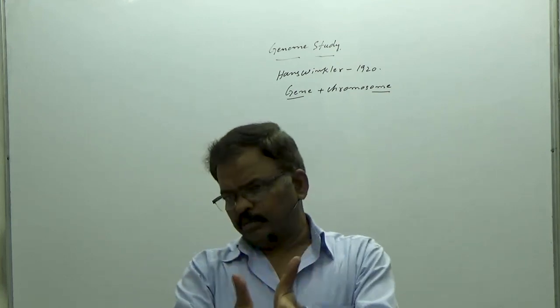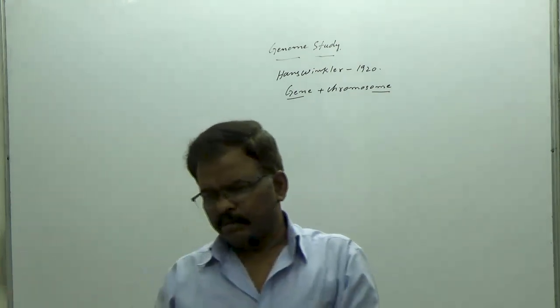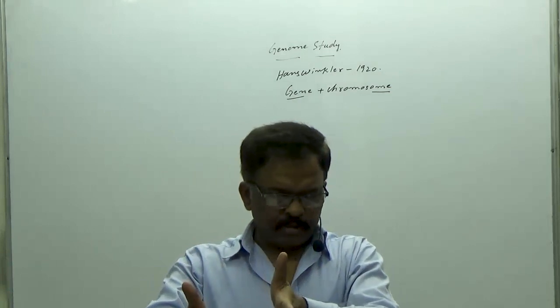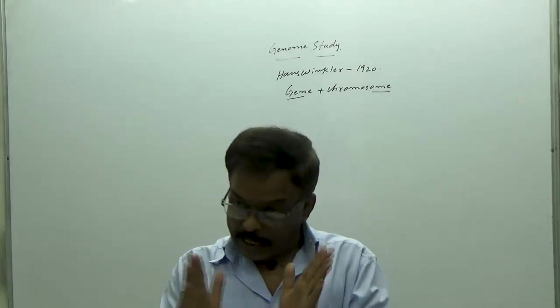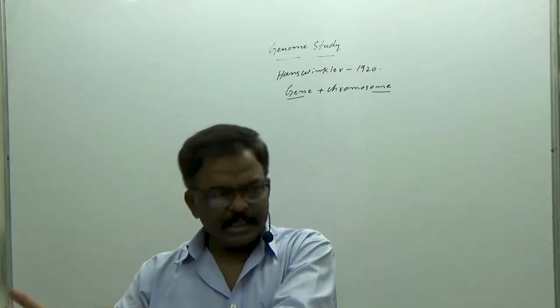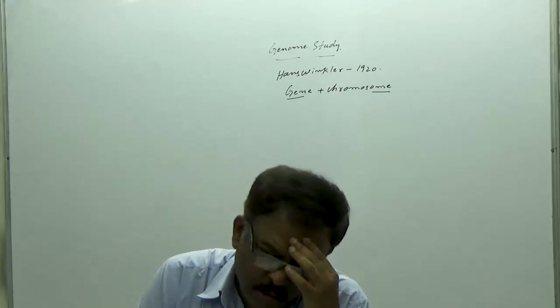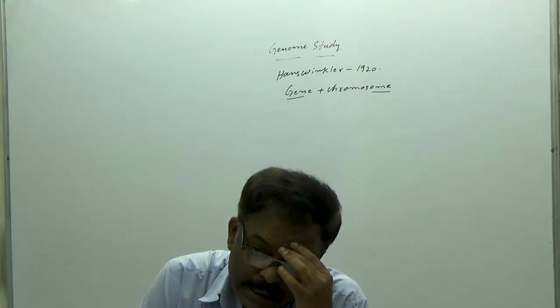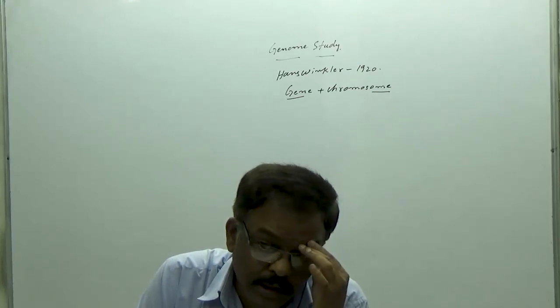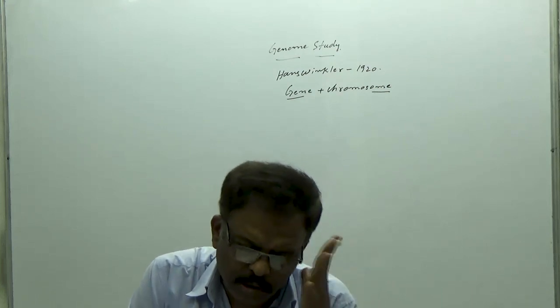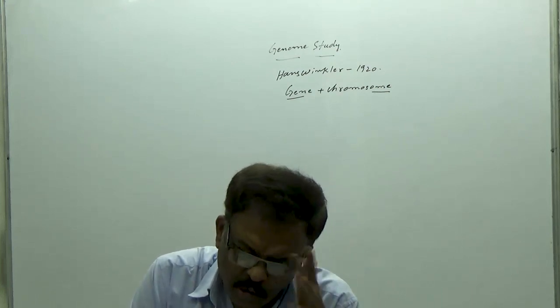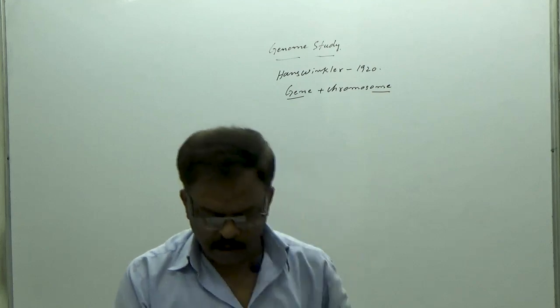One purine matches with a pyrimidine. A and T is one pair, G and C is another pair. In between A and T there are 2 hydrogen bonds, in between G and C 3 hydrogen bonds. You have to write this total DNA structure, total number of chromosomes, chromosomal analysis.